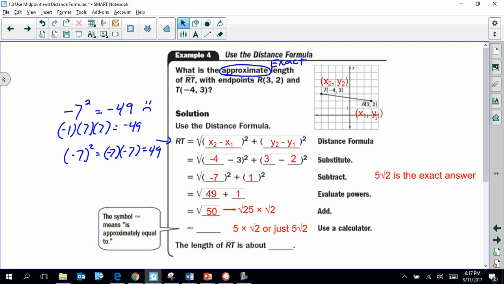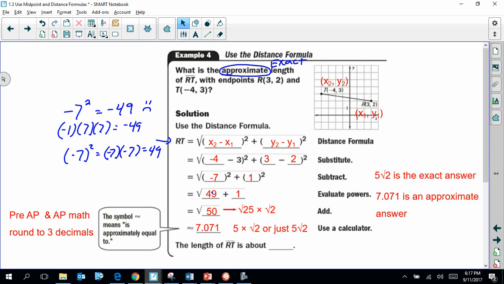Because if I take the square root of 50 on my calculator and get a decimal number, I get 7.071, but that's not where it stops. We have to round it at some point. So instead of rounding a number, whenever possible, we would like the exact answer. In this case, the exact answer is 5 radical 2, whereas the approximate answer would be about 7.071.